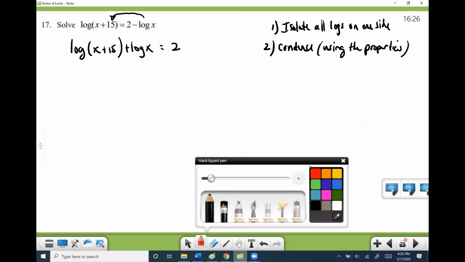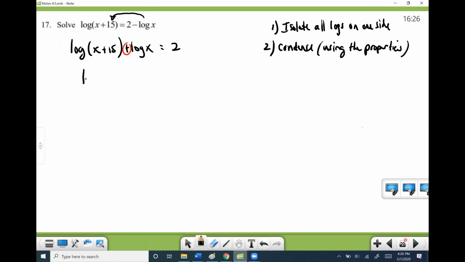So addition, we know, is going to become multiplication. So we're going to have to take x plus 15 and multiply it by that x. So let's see what we get here. x squared plus 15x.